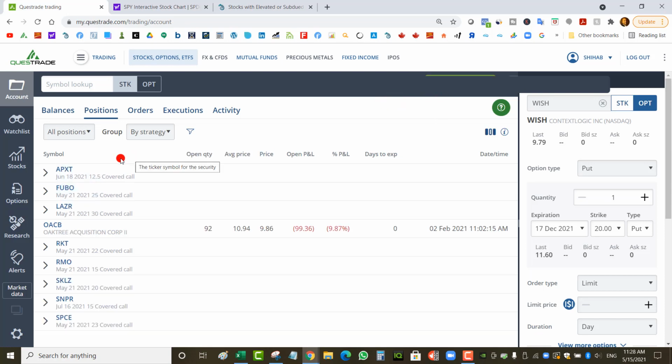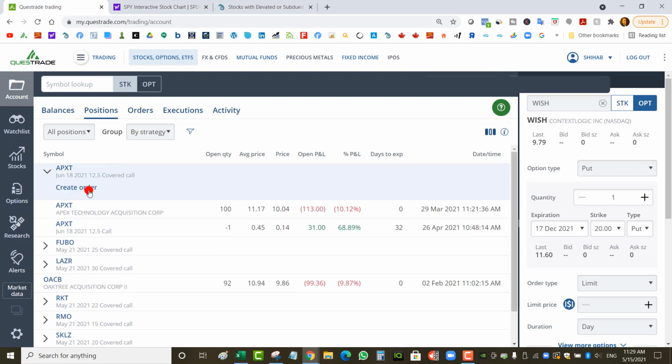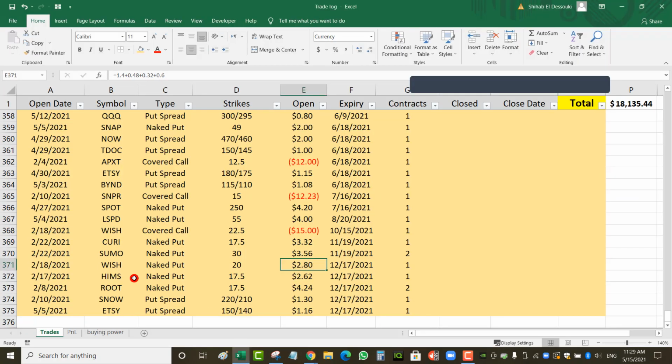All right, next, my RSP, just a bunch of covered calls. Most of them are breached, or not breached, but below my cost, which is including the call premium that I collected. Actually, let's look at the spreadsheet. My APXT, where's APXT?